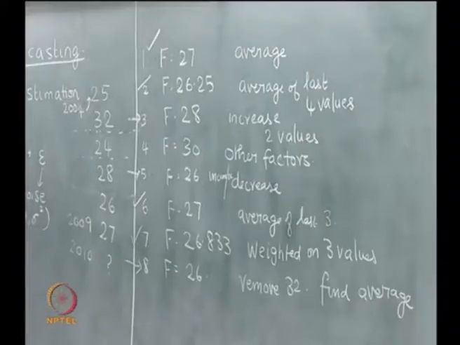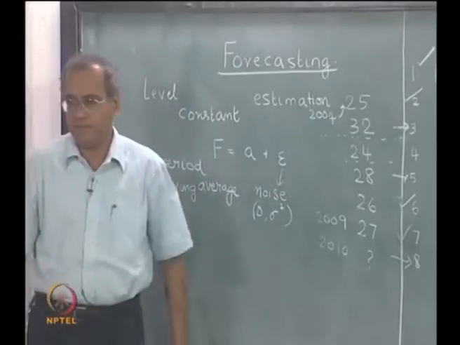Now, when we look at these values and when I introduce these values, I said these would represent the demand of a particular product, and the only thing that we have right now here is how the demand behaves with respect to time.